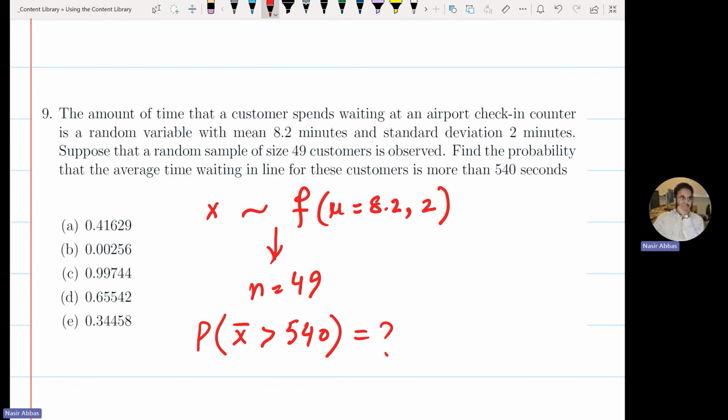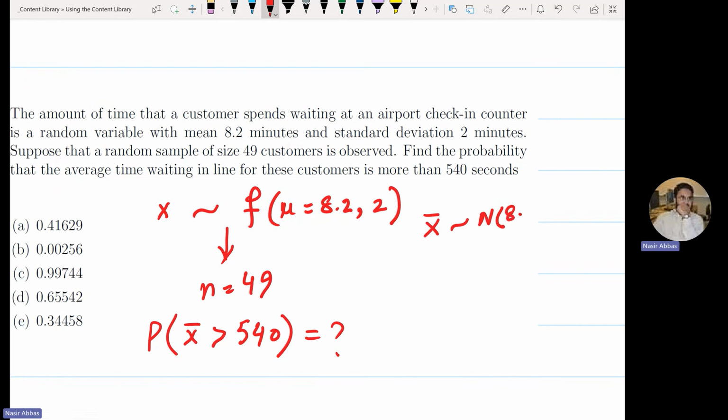Here, X is not normal. You have no information about what is the distribution of X. They say it follows some distribution. We don't know which distribution, but N is large. So in this case, your X bar will be approximately normal with the same mean, 8.2.